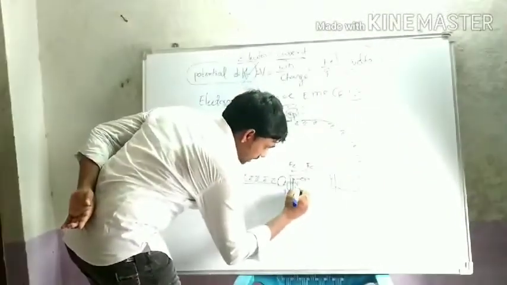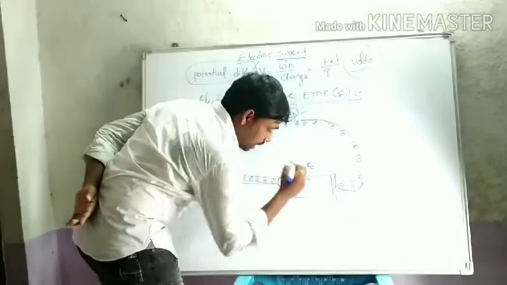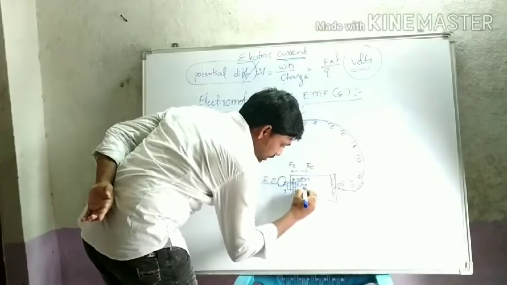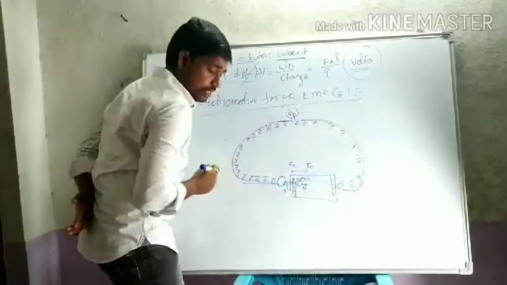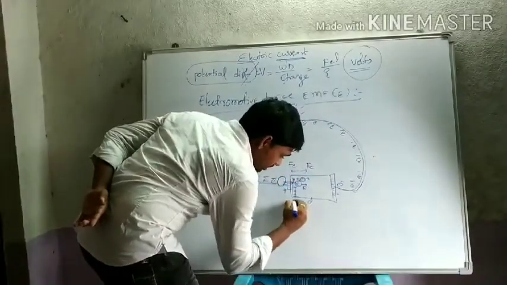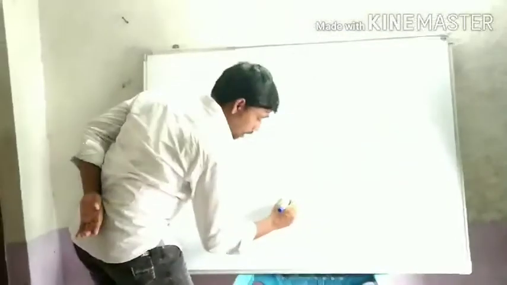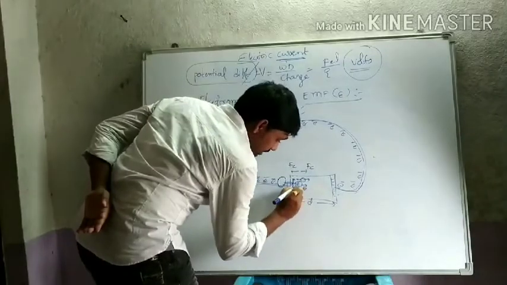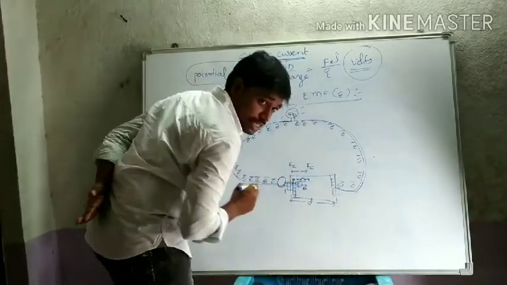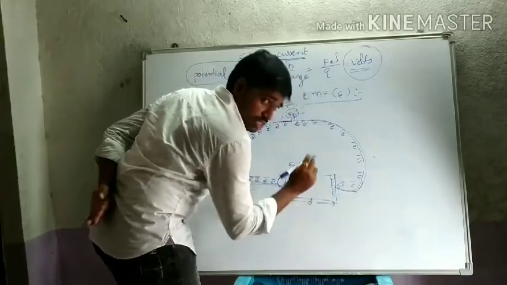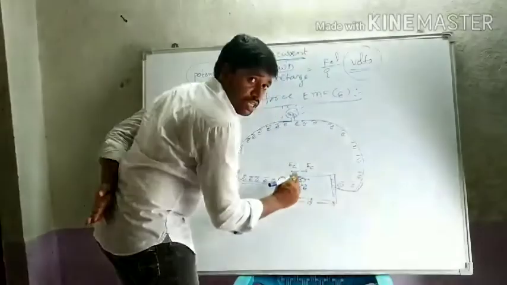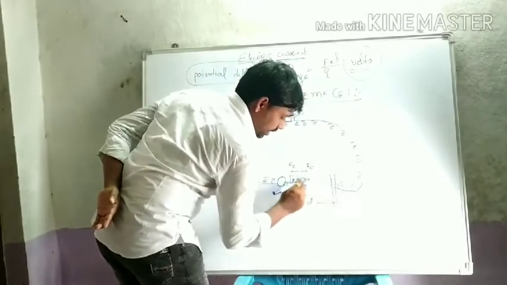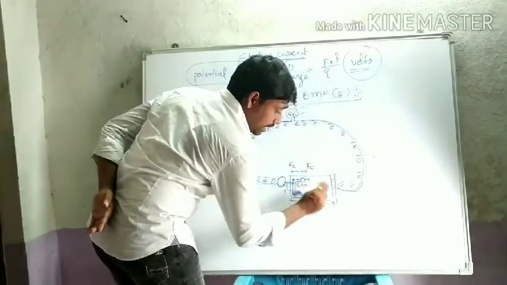Here there is a chemical force present in the battery. That chemical force applies a force on this electron and drags it from the positive terminal to the negative terminal. As the electron moves towards the negative terminal, there is opposition between the negative charges.